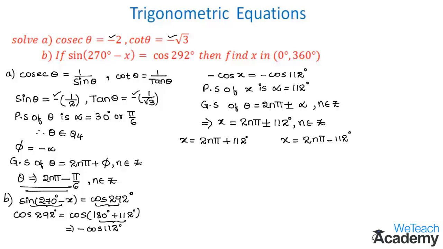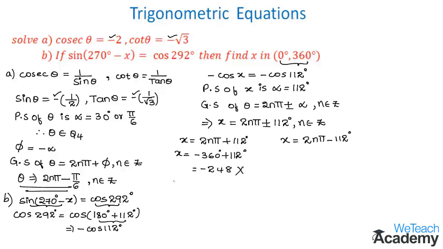And now we are given with the additional information that we have to find the values of x in between 0 degrees, 360 degrees. So by substituting n equal to minus 1, we get x equal to minus 360 degrees plus 112 degrees, which would be equal to minus 248 degrees. So minus 248 does not lie between 0, 360 degrees, so hence it is not a solution.